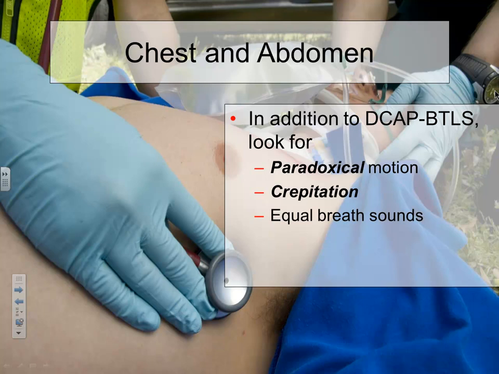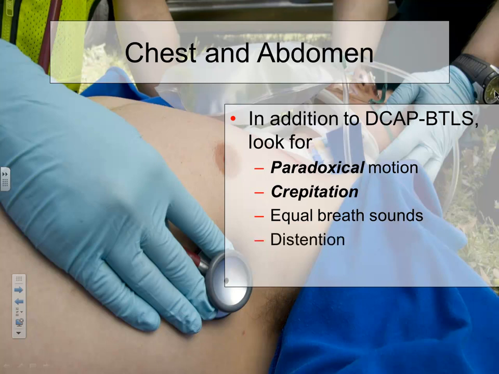You're listening for equal breath sounds. If you've not already done this in your ABCs, and anytime your patient has a respiratory compromise, you should check breath sounds then. If for whatever reason you didn't, check them during your rapid trauma assessment. Anytime you have a significant mechanism of injury, check them quick.